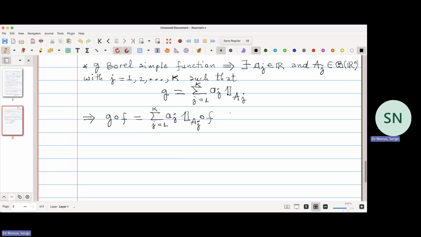So this gives us the sum, j running from 1 to k, aj, indicator function of the pre-image of Aj.